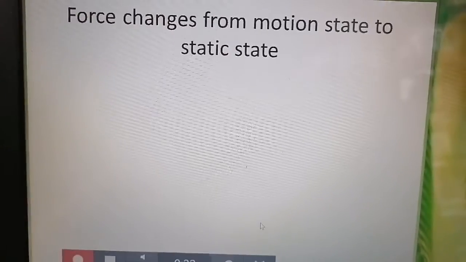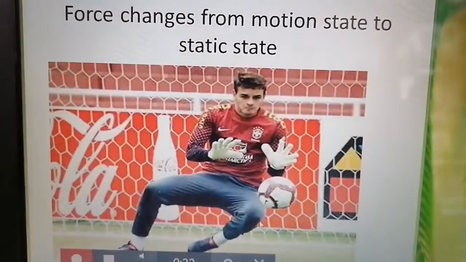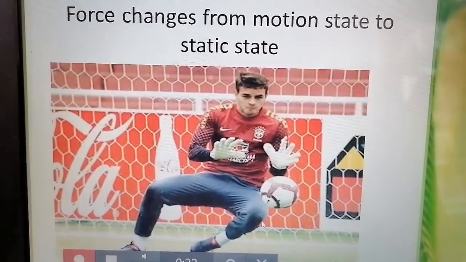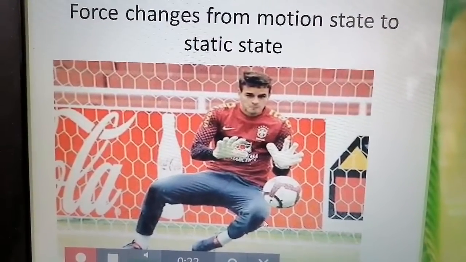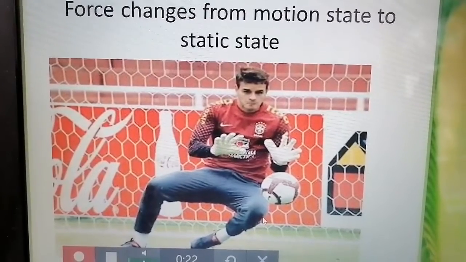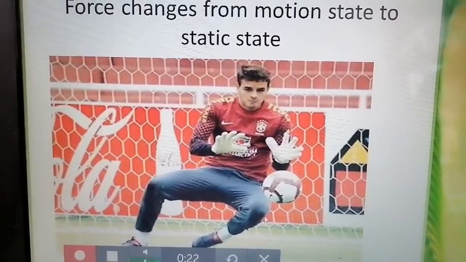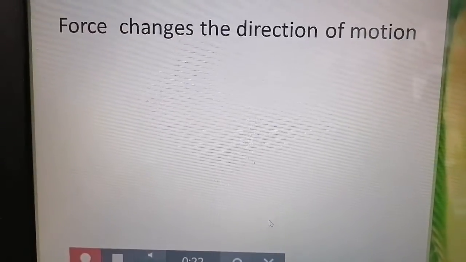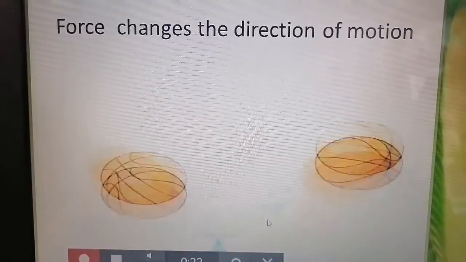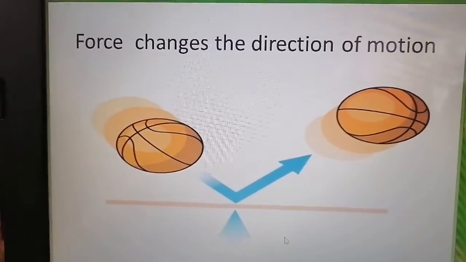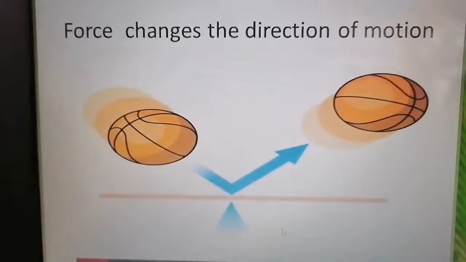Another example, like a goalkeeper trying to stop the ball, to change it from motion state to static state, so it is a force. Also, when you kick a ball, you maybe change its direction, so it is a force.